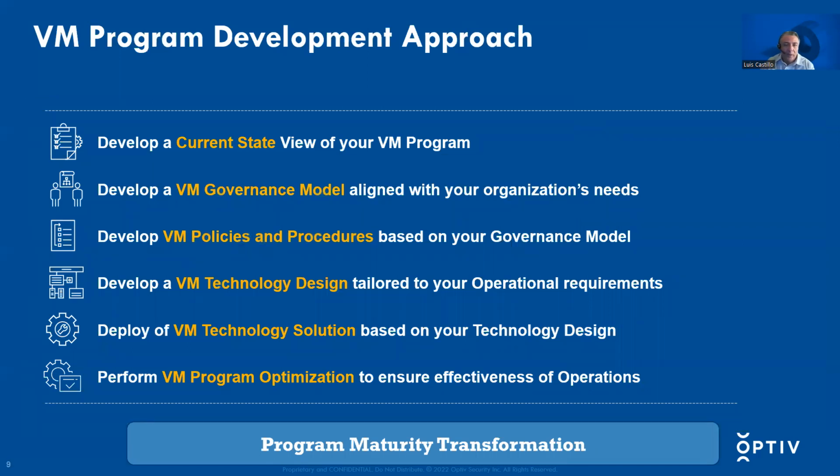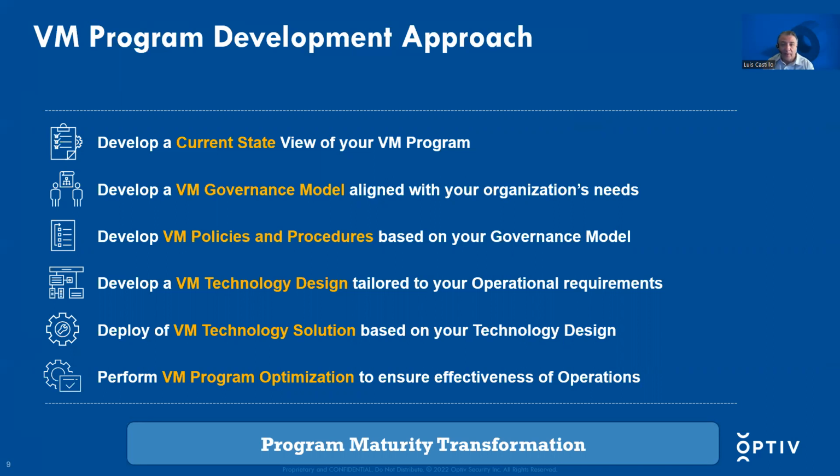Okay, so let's cover this last piece of our presentation. Now that we have a much better idea of what components are part of a VM program, what do organizations need to do to build or enhance what they have? Well, first things first, organizations need to know what it is that they have.